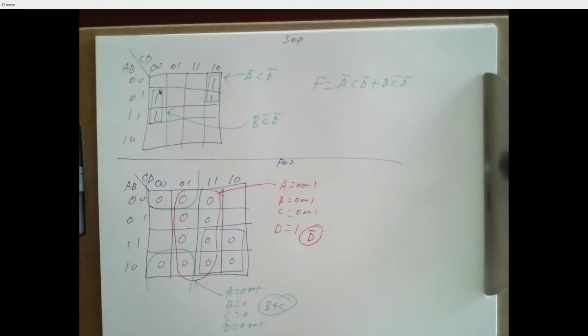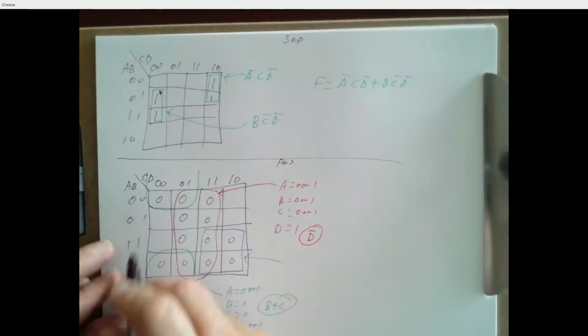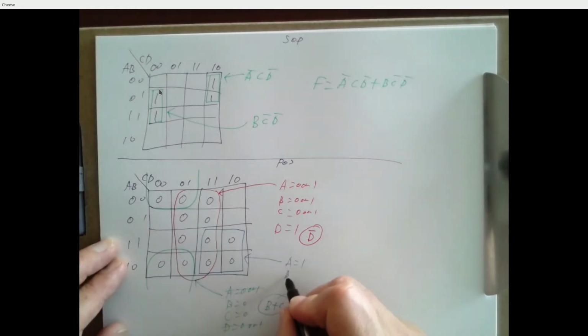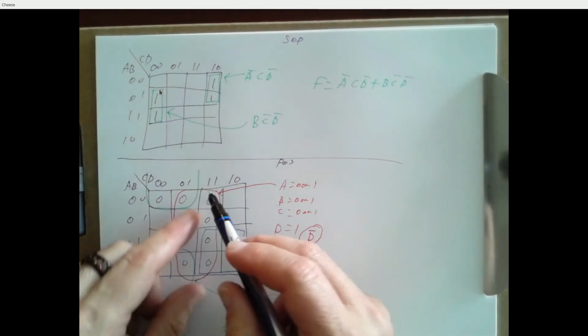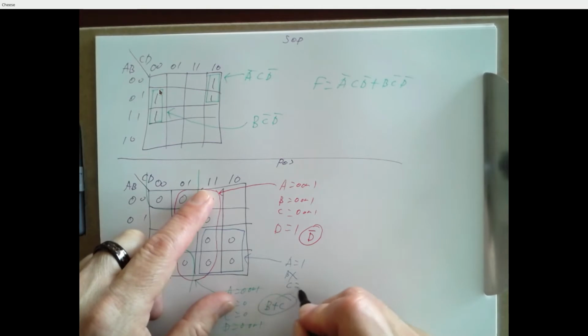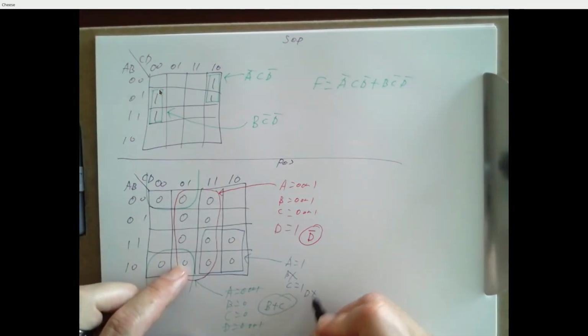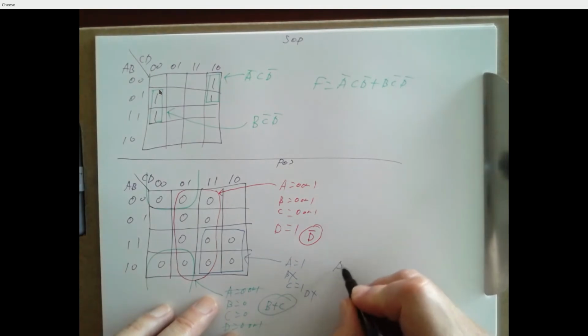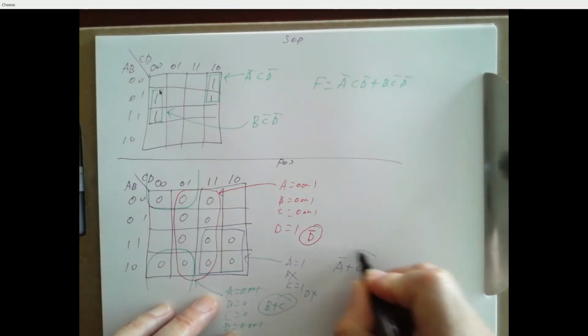And then our blue 2 by 2, A has got to be 1, B doesn't matter, C has got to be 1, and D doesn't matter. And so if a variable is equal to 1, we write it with a bar, and we OR those.